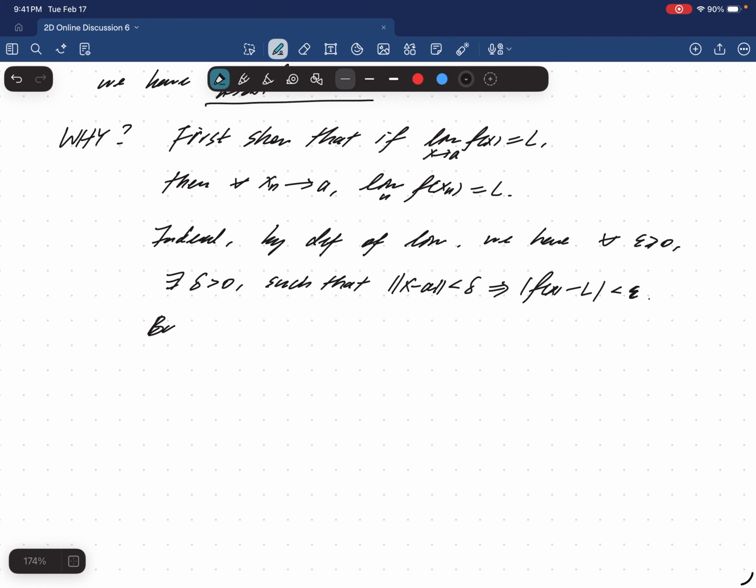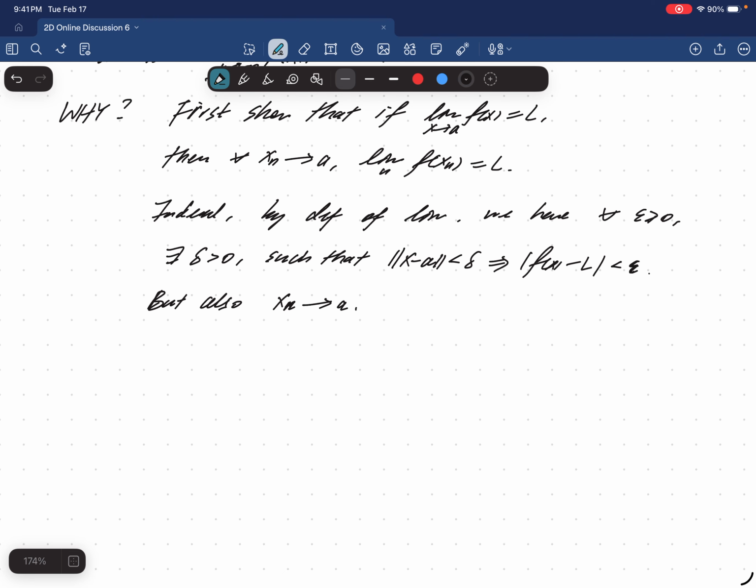But we also know that xn is a sequence that converges to A. What does this mean?